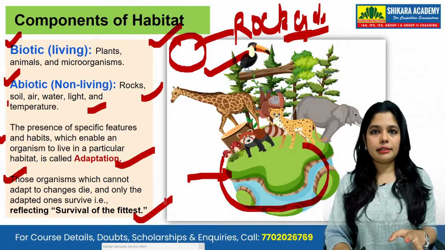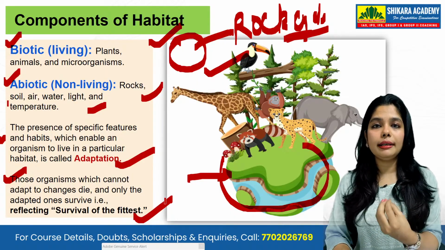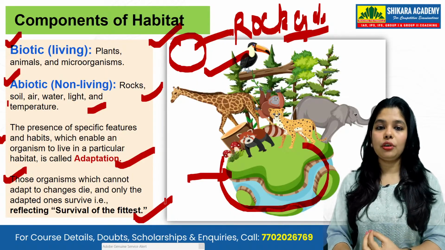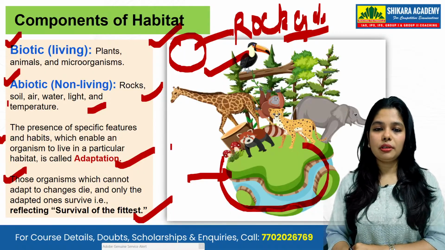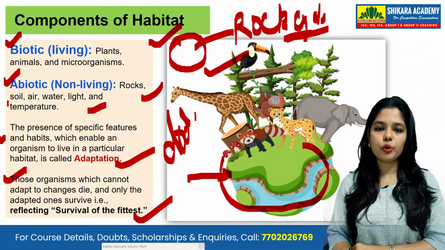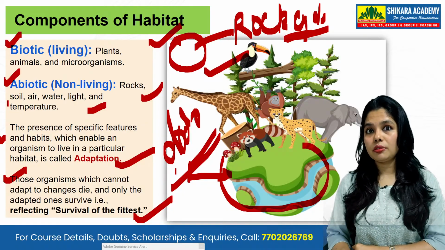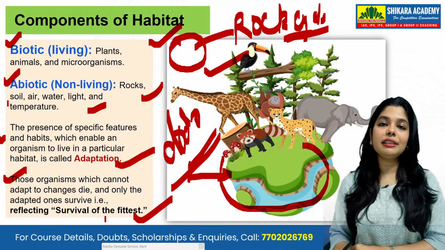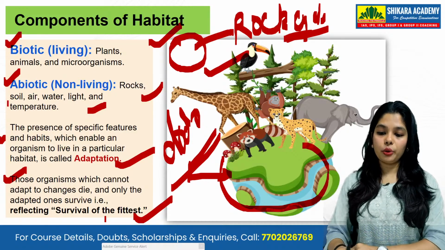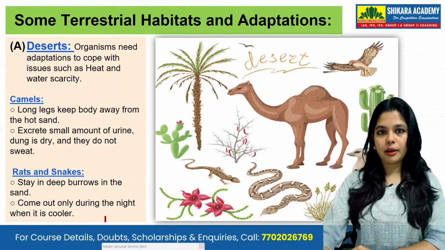Why are they getting extinct? Because they are not able to adapt to nature. One of those birds is the dodo. Dodo is a bird which was found previously, but now it is not found. Survival of the fittest is a theory which works every now and then.